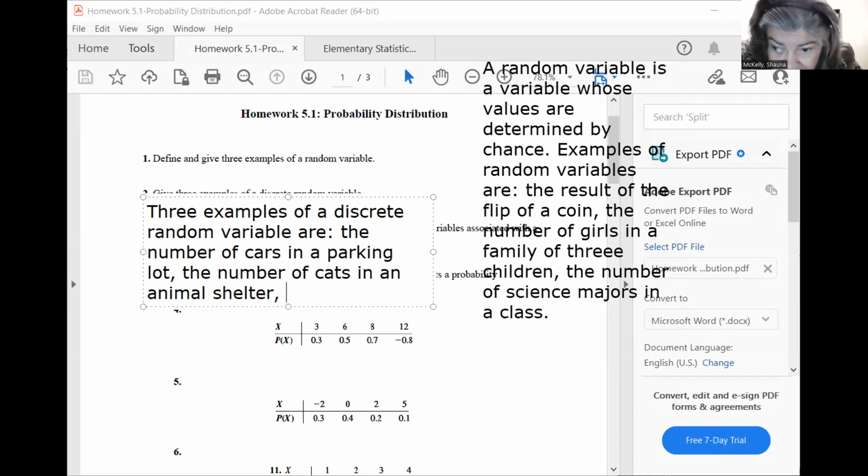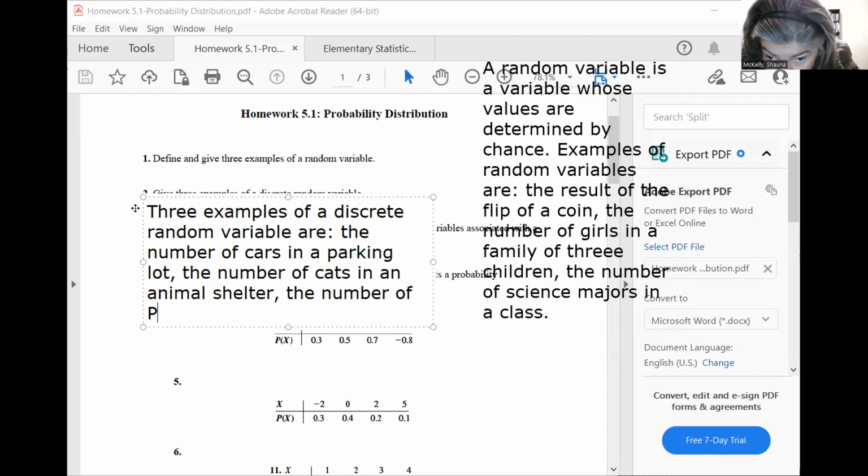Or I could say the number of PhD faculty at a university. Those are discrete variables, okay? Means that you can count them. Does that make sense? That's where we are for that. So that's problem number 2 on your homework.